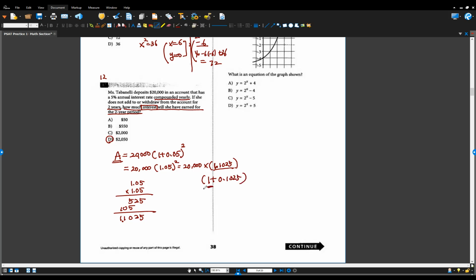This is the original, so I'm going to write down $20,000, the original deposit. This is the interest. So you multiply 0.1025 times 20,000. When you multiply, count 1, 2, 3, 4 decimal places out. So 1,025 times 2 gives 2,050 as the answer. That's right, these are correct.